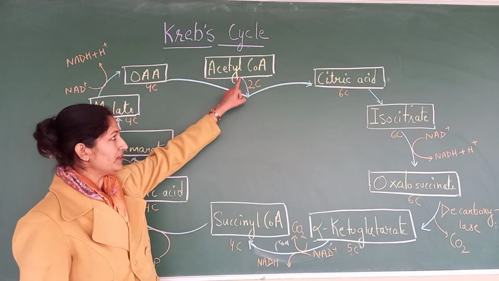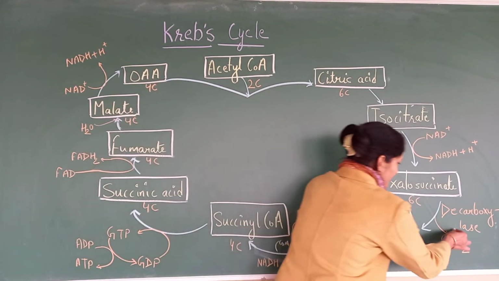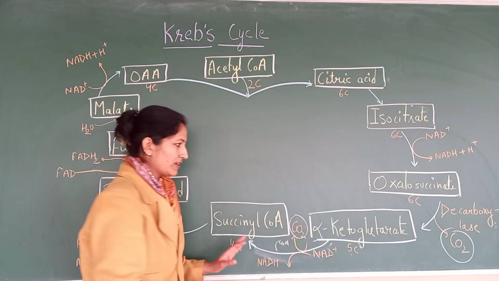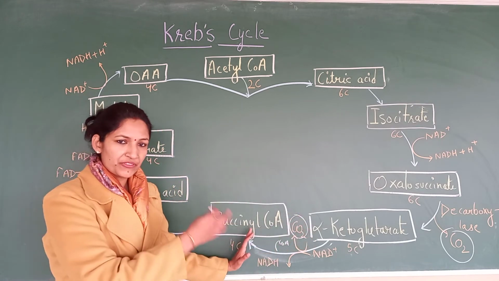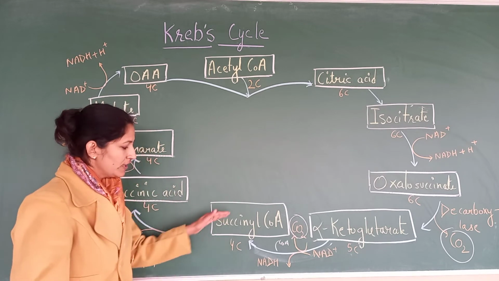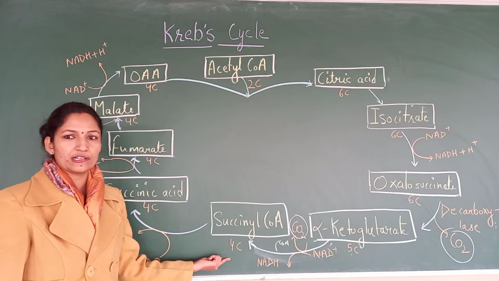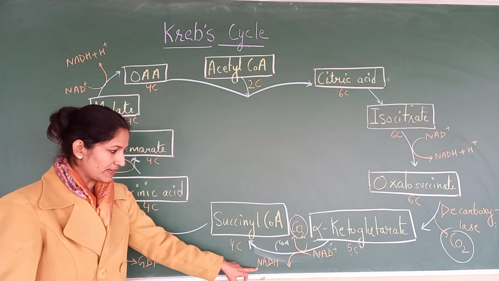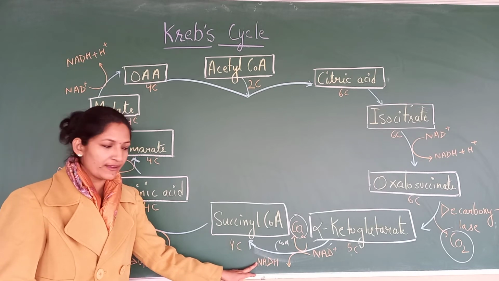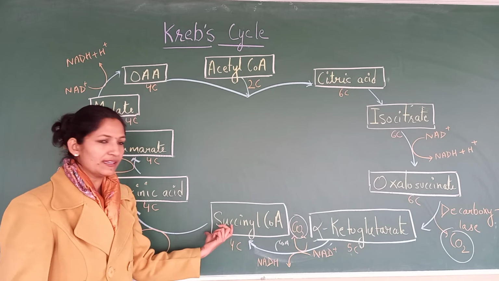The first carbon, because it is 2 carbon, we have already removed from here, and the second we remove from here. Okay, so till this point decarboxylation occurs, no further decarboxylation. It means the coming reactions will continue with 4 carbon. So this was the second formation of a reduced coenzyme while converting from alpha ketoglutarate to succinyl-CoA.